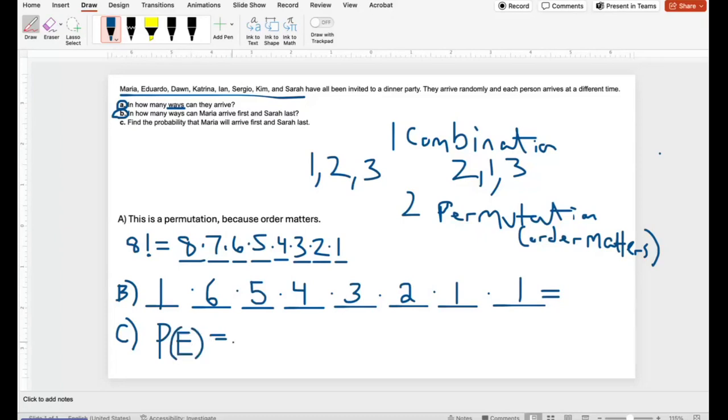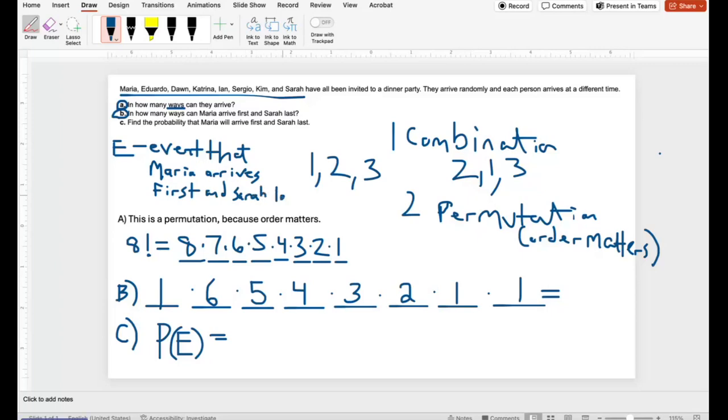E is the event that Maria arrives first and Sarah last.